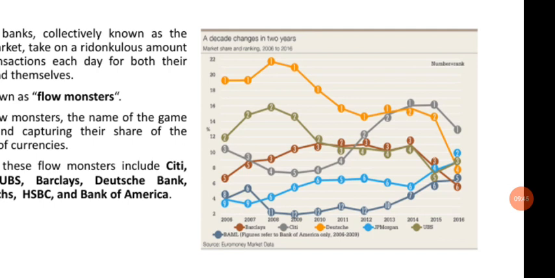Next was UBS, followed by BAML and some other banks. And there you can see how it has changed. Currently, Citibank is number 1 of recent time, followed by JP Morgan, and then UBS, Deutsche Bank, BAML, and Barclays. So these are the major super banks.